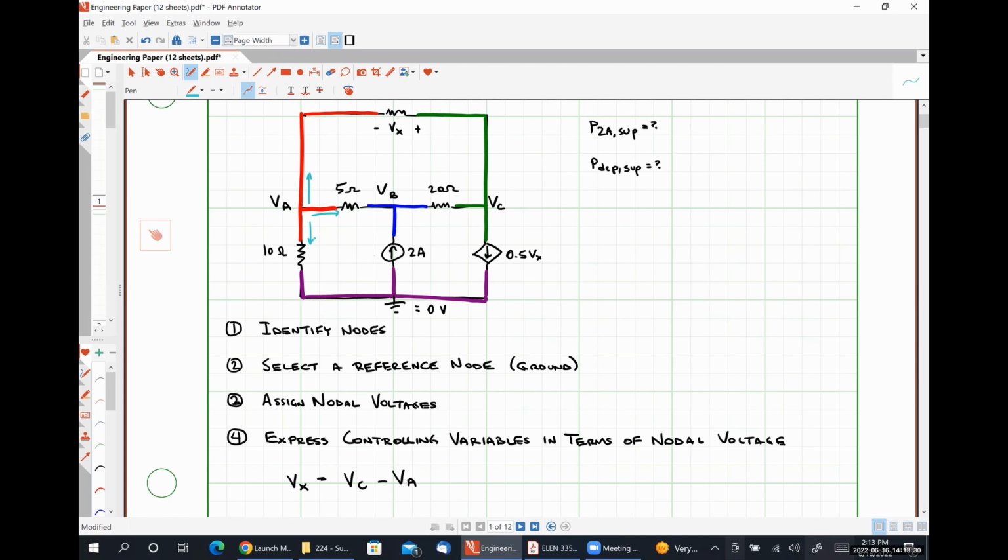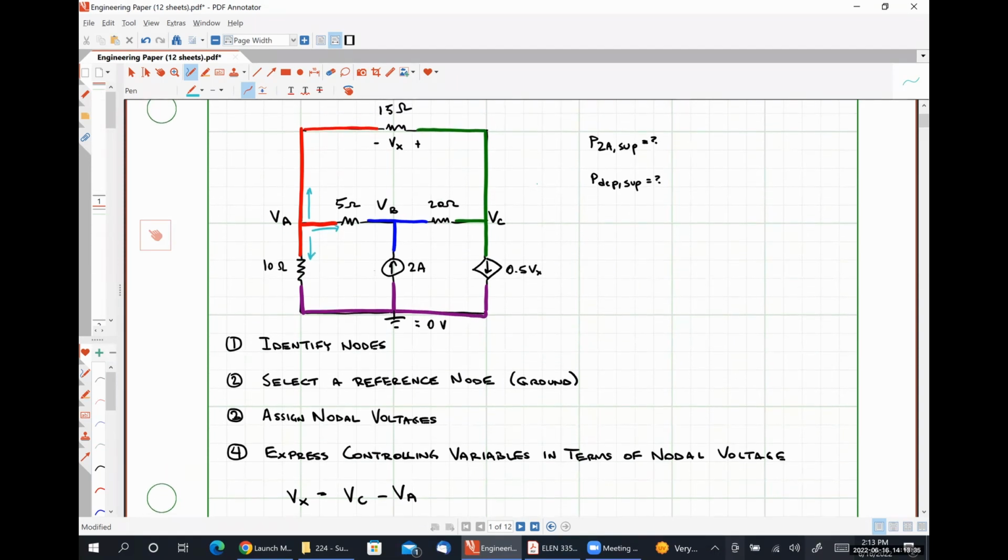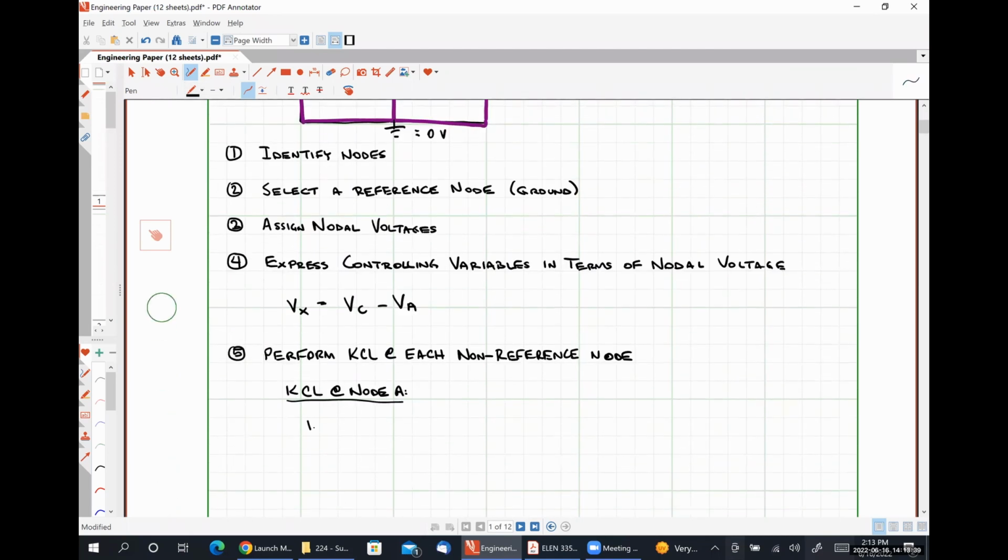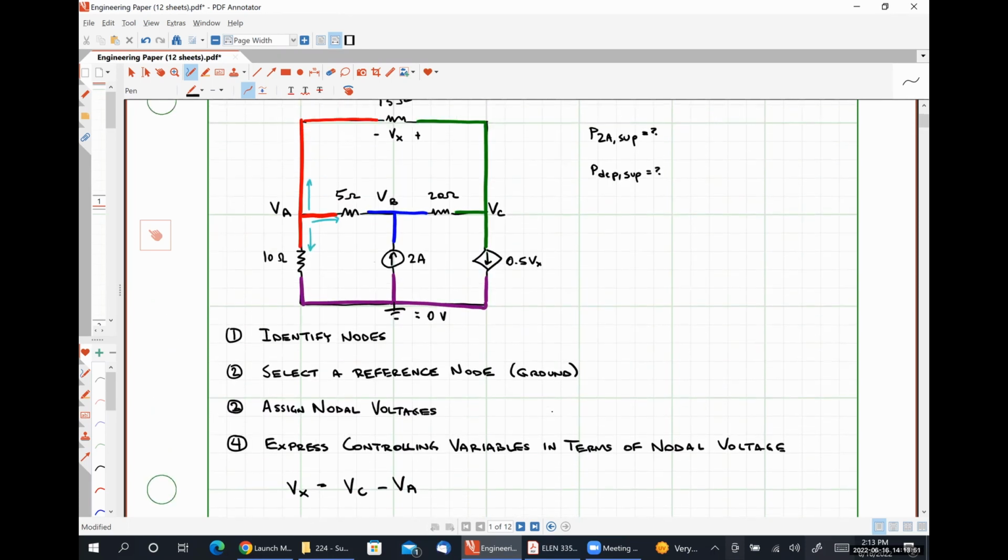So for instance, the current flowing through the 15 ohm resistor, I'm going to express that as VA minus VC over 15 ohms. So what I've done here is I've said the node where my current starts from minus the node that my current flows to divided by the resistor value, okay?